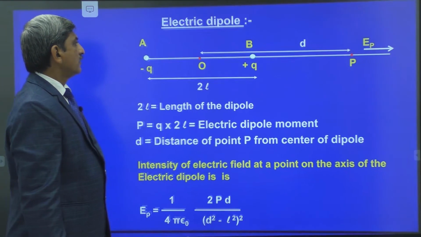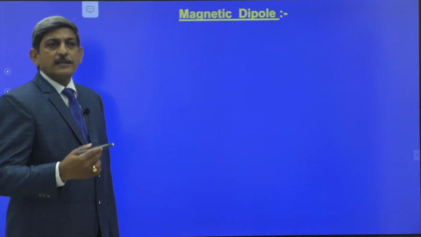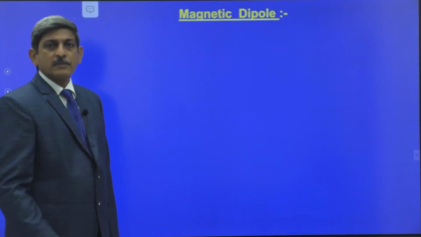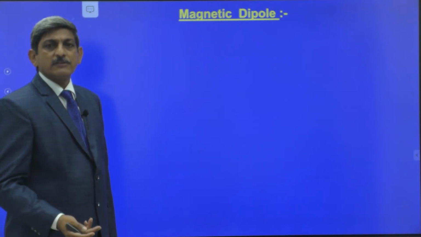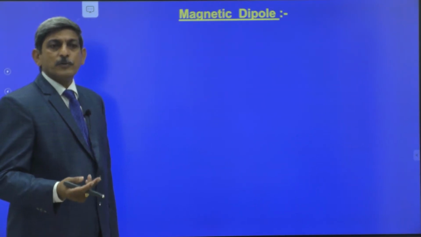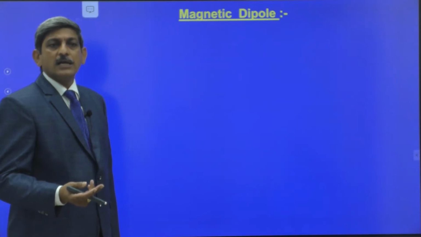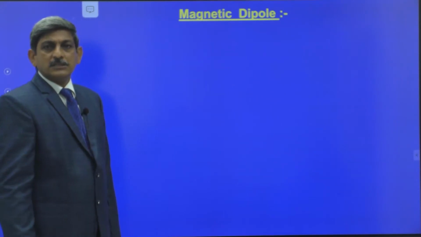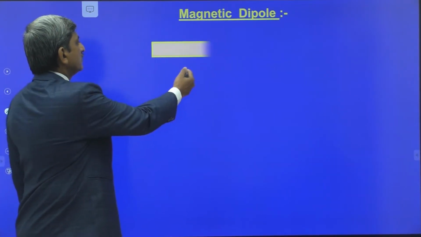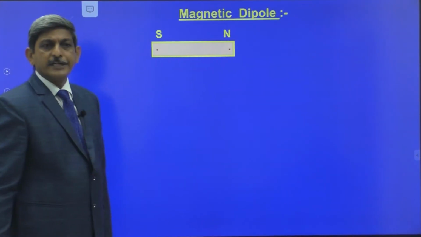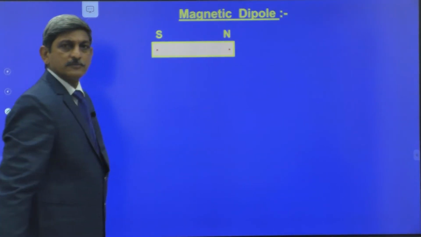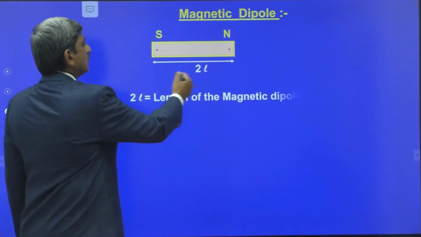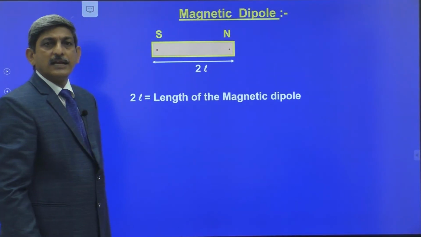Now, come to the magnetic dipole. A magnetic dipole is nothing but a simple bar magnet which consists of two poles of equal strength and opposite poles. Let it be the magnetic dipole which consists of a south pole and a north pole. Let 2L be the length of the magnet.